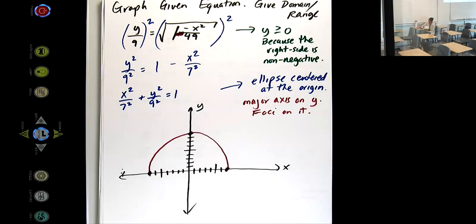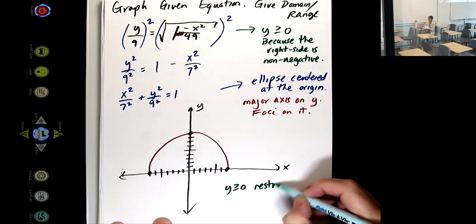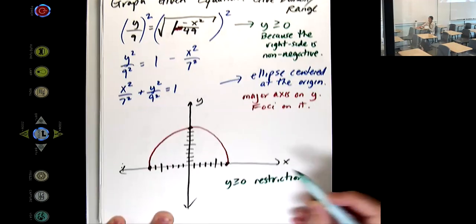Correct. So our restriction, y greater than or equal to 0, eliminates the bottom half.